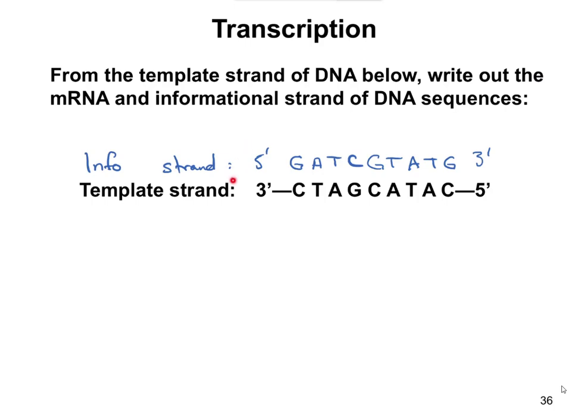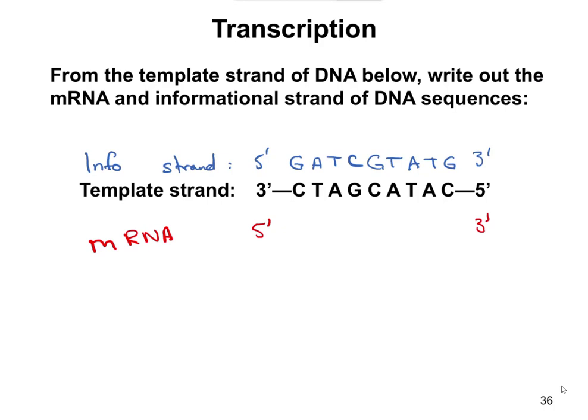So remember, our DNA is going to be this double-stranded molecule here. Now, for our messenger RNA, if I said what is the sequence of the messenger RNA, we're always going to write it 5' to 3', and it's going to be a complement of that template strand. So it's going to be almost the exact same thing as the informational strand, with the exception of we're not going to have T's.